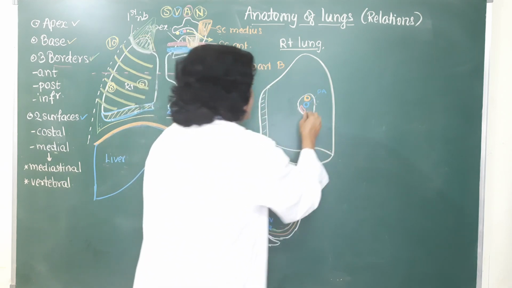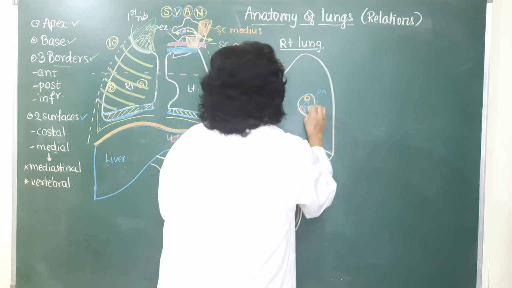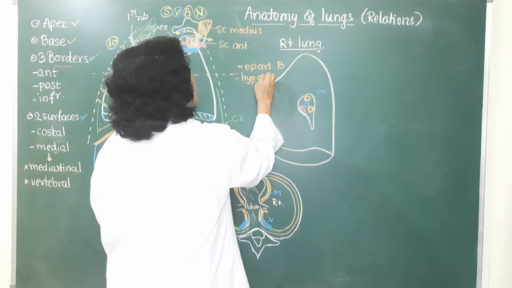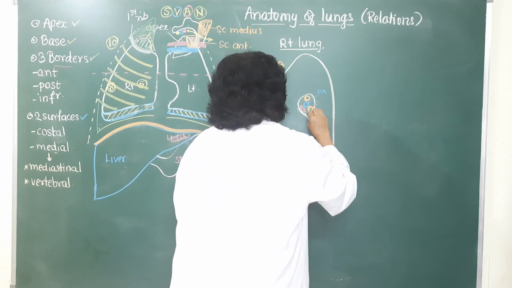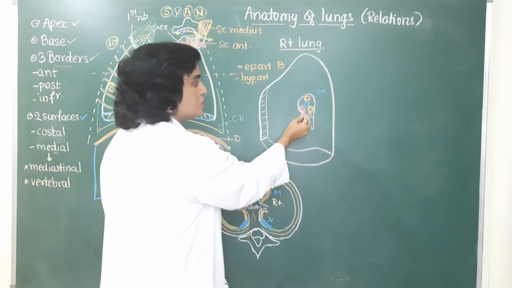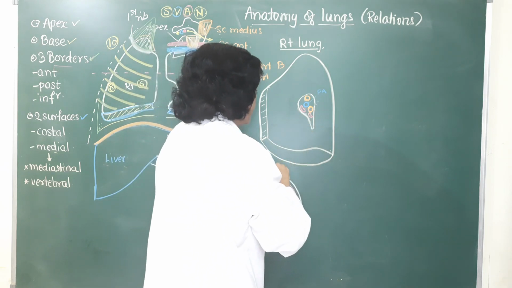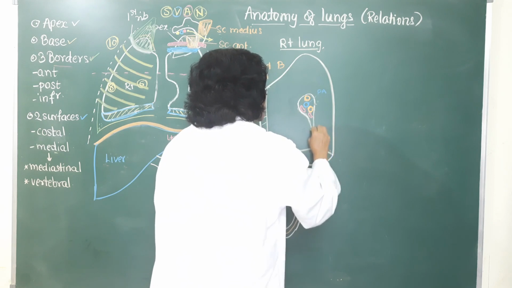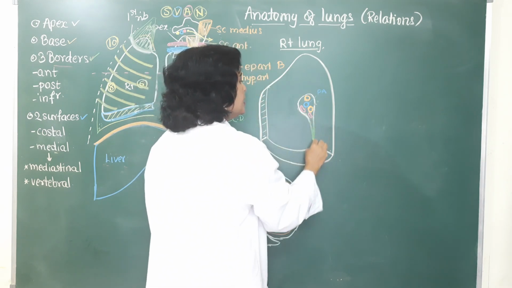Here, just below that, you get the hyparterial bronchus. Hyparterial means below the artery. And here you get the inferior pulmonary vein. So this is the superior pulmonary vein, this is the inferior pulmonary vein. And here you get a bilaminar fold of the mediastinal pleura, which extends down in the form of the pulmonary ligament. Okay, so this is the pulmonary ligament.